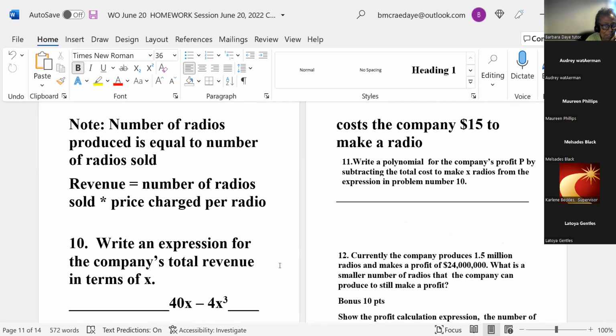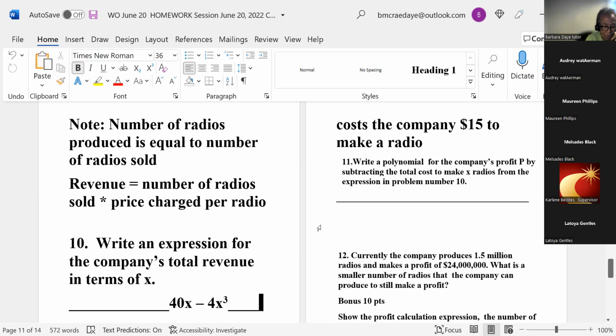What is profit equal to, Audrey, in words? Profit is what you make on something that you sell. If you buy something and you sell it, you make a profit off of it, right? So profit is revenue minus cost.